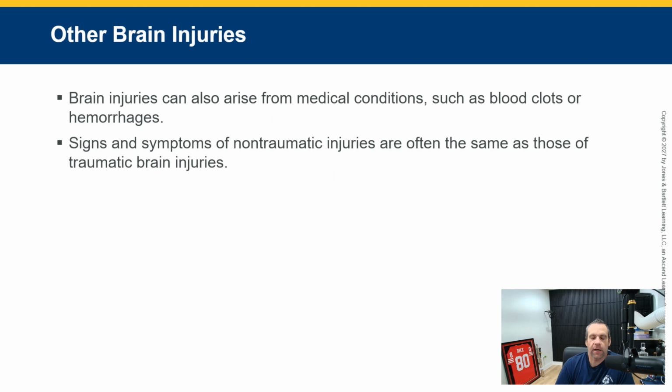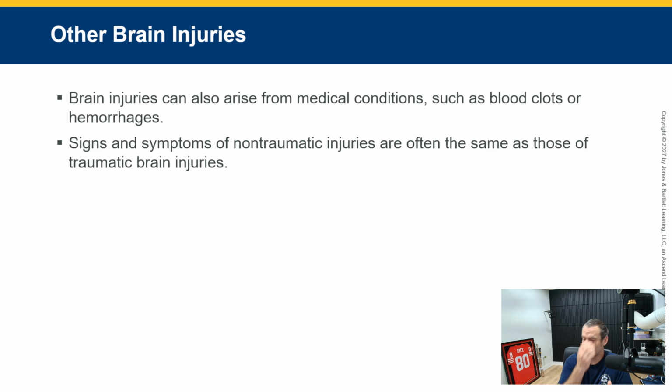Now, other types of brain injuries could also be more of a medical problem rather than an actual trauma. A blood clot, for example, could block circulation to the brain. A weakened blood vessel could rupture, causing bleeding. High blood pressure and other diseases affecting blood vessels can increase the risk of a spontaneous hemorrhage.